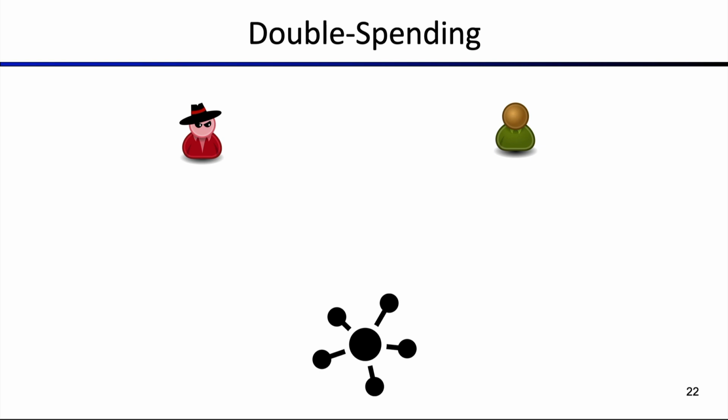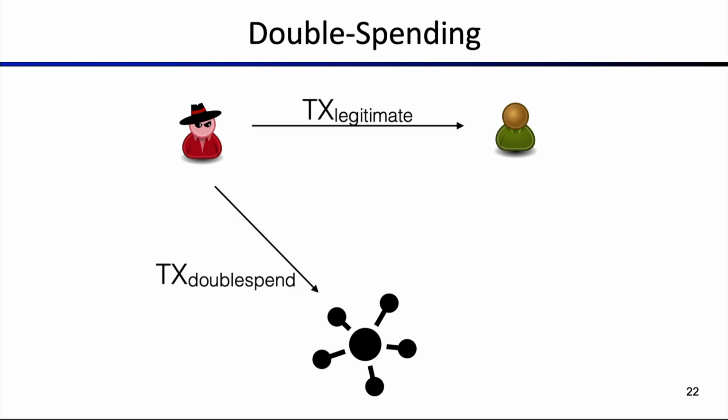Double spending is a process whereby the adversary is able to spend a coin more than once. This is, for example, possible if an adversary is creating a transaction that looks legitimate to a vendor. So we have here the victim or the vendor V, and the adversary is sending a transaction to this particular vendor. At the same time, the adversary might be sending a double spend transaction to the public peer-to-peer network, where miners then pick up this very transaction.